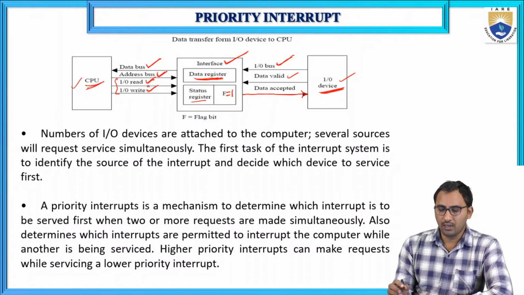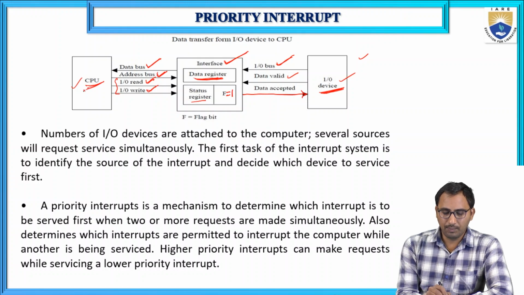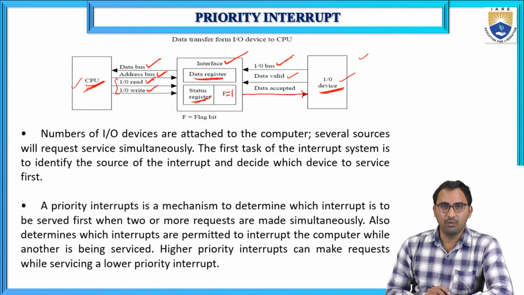So this is programmed I/O data transfer. But the main drawback with this data transfer method is that the CPU has to continuously check the status register. It has to continuously check whether the I/O device is ready to transfer or ready to communicate with the CPU or not.